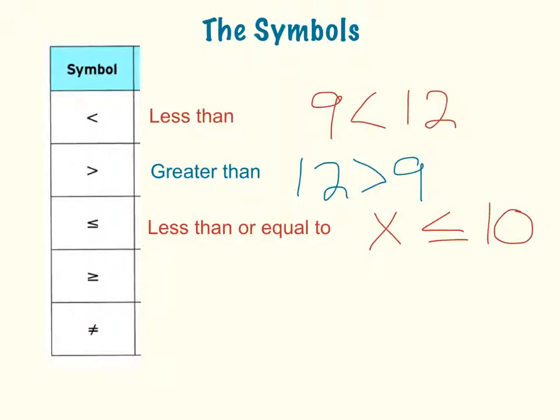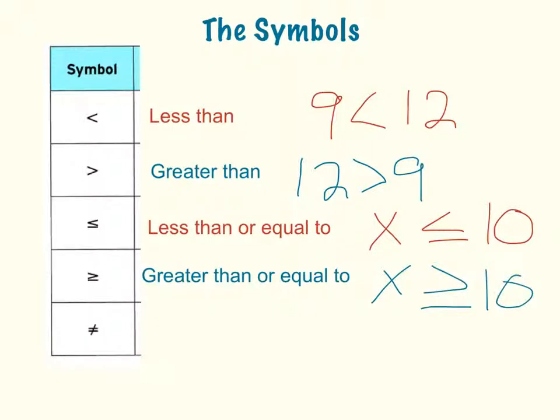The next symbol is the greater than or equal to, and once again you can see underneath there is the equal to sign. We can say that x is greater than or equal to 10.